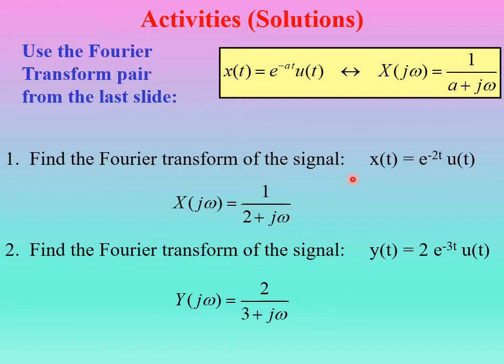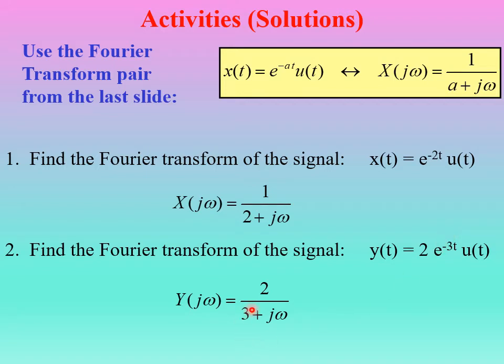Basically, all you're going to do here is look at this function here, and you can immediately see that if you compare that to this up here, a is equal to 2. So all we have to do is substitute 2 for a here. So we get 1 over 2 plus j omega. For the second one, you can see that a is equal to 3.